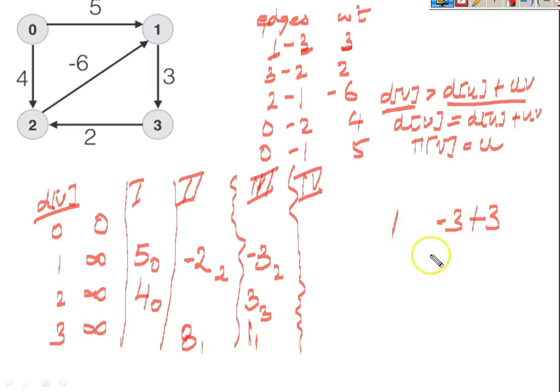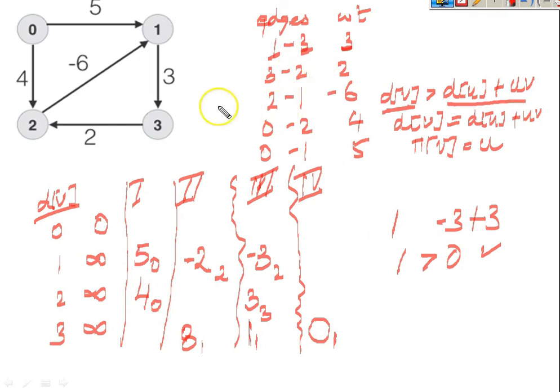You can see that 1 is more than 0, which means this condition holds. Whenever this condition is true, we will update this d value. So now the d value of 3 will be changed to 0, and we are getting this because of u, that is 1 here.